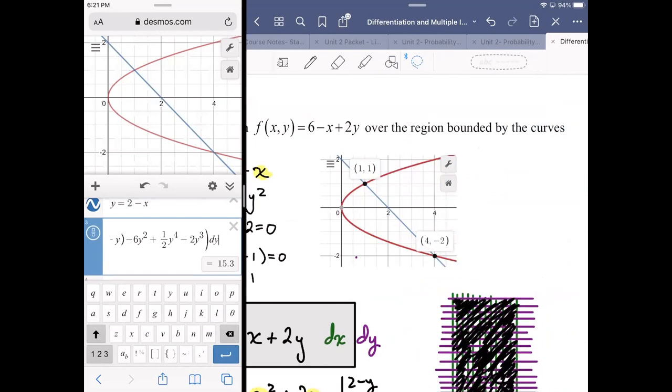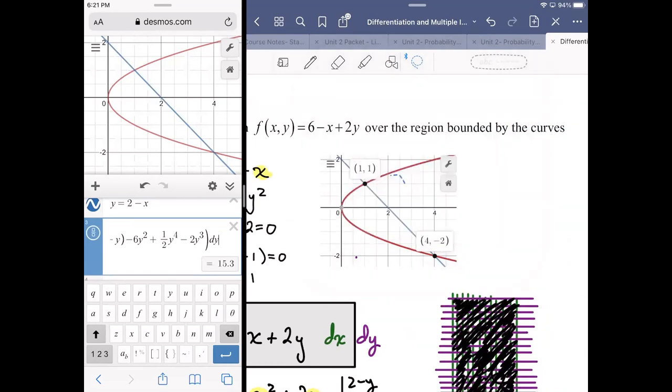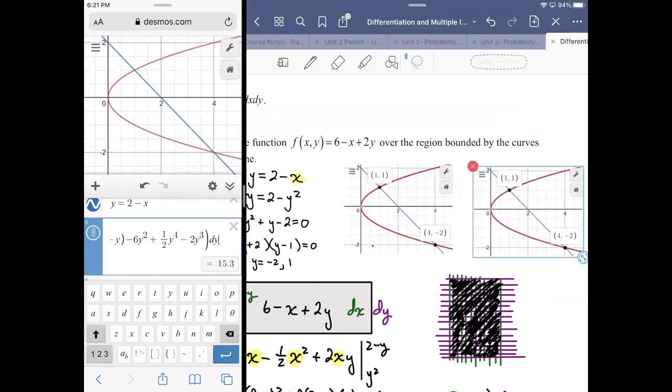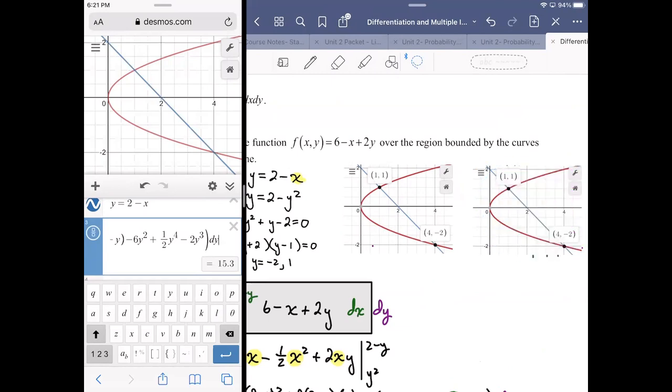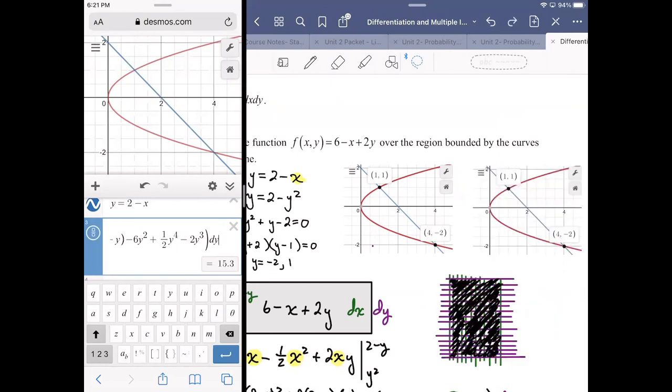And you know what? I can do this too. I'm gonna pop this back in here. Oh, that's weird. Undo, undo.